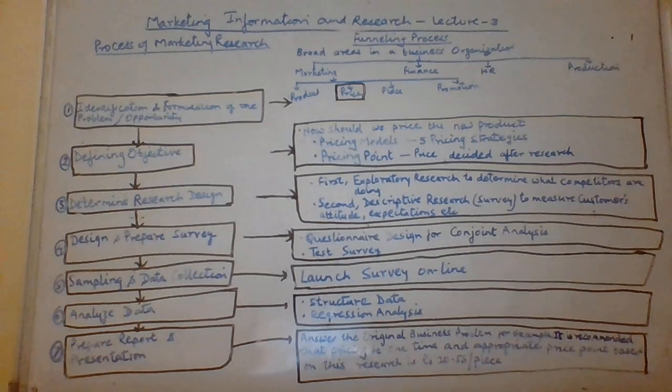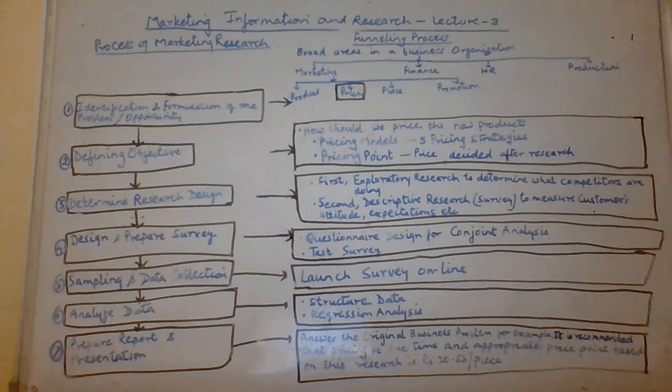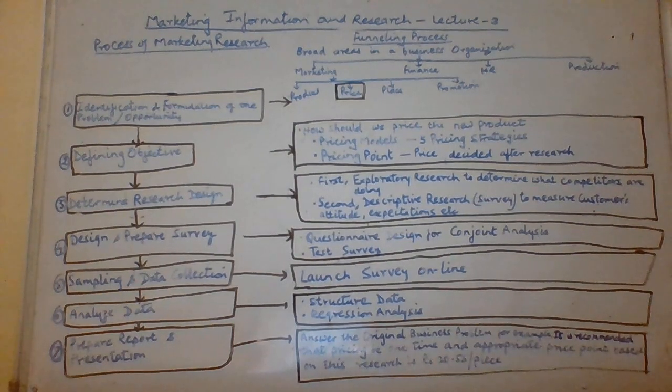After collecting the data, the next step is to analyze the data. Now, to analyze the data, we have to understand what structured data is and what regression analysis is. First, structured data is the data which has come to us, and how do we use it.